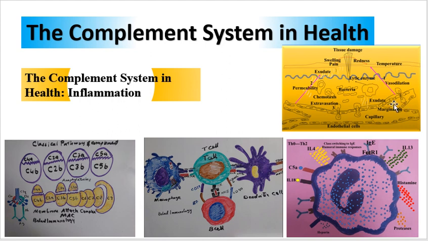And as can be seen here, during inflammation, neutrophils extravasate and arrive at the site of injury. This is a wound, and they produce some peptides that attract more macrophages to the area, and macrophages together with neutrophils eliminate the pathogen.